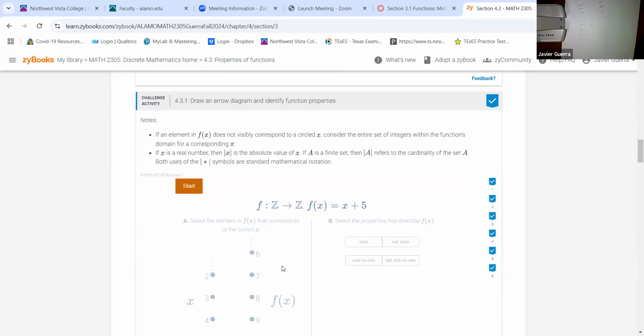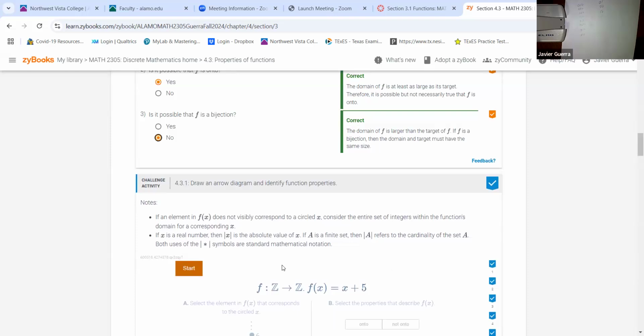All right, let's take a look at the challenge activity. It says here to draw an arrow diagram and identify function properties. If an element in f of x does not visibly correspond to a circle, consider the entire set of integers within the function's domain for corresponding x. If x is a real number, then the absolute value of x is the absolute value of x. If A is a finite set, then the absolute value of A refers to the cardinality.